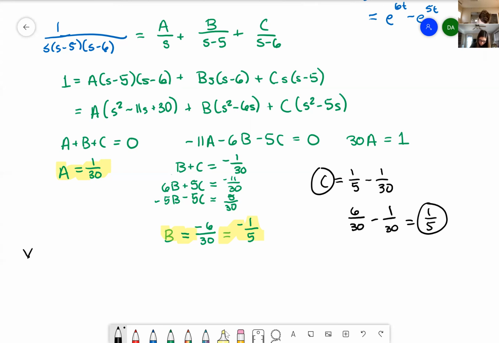So we get capital Y is equal to 1/30 times 1 over s, plus 1/5 times 1 over s minus 5, plus minus 1/6.